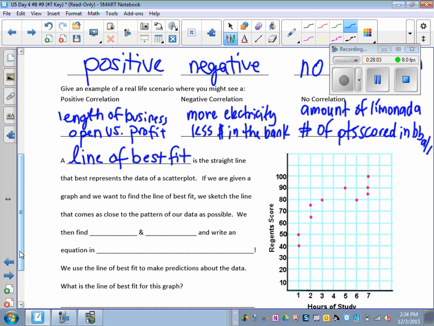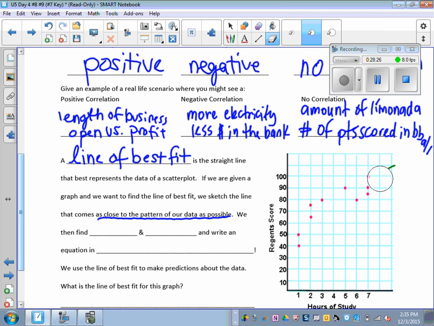So I want to make sure my line is as close to the pattern as possible. If I were to draw that line, does that mimic the pattern super well? No. A little bit, it's positive, but wouldn't it be much better if my line was like this? So what we're doing is drawing a line that is close to the pattern that we have here.